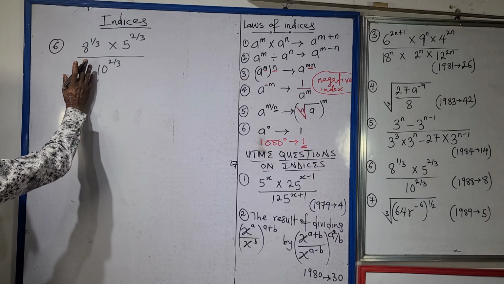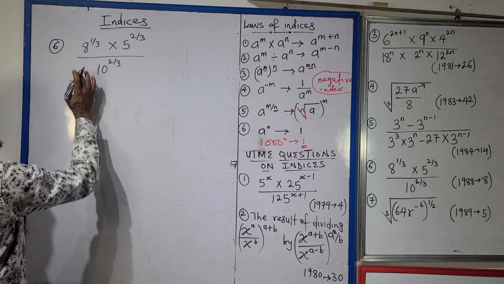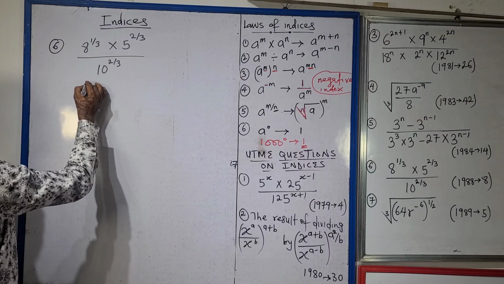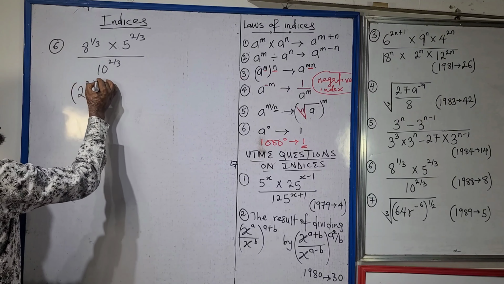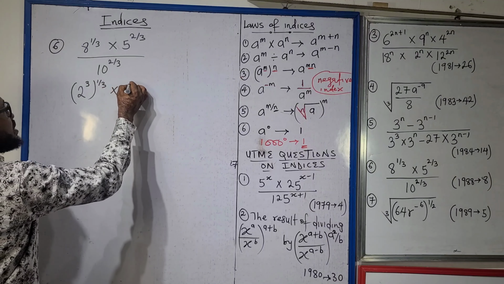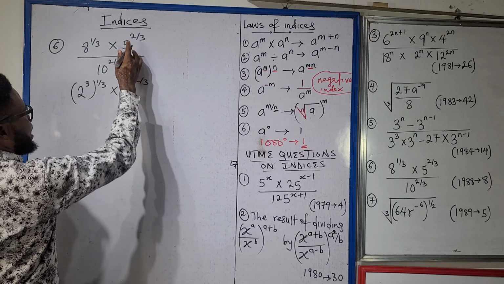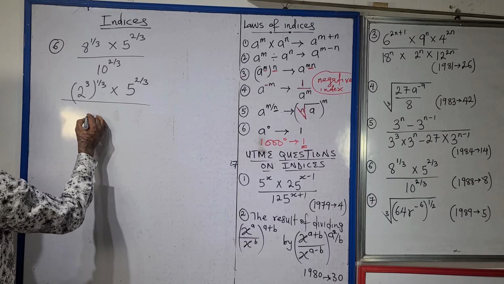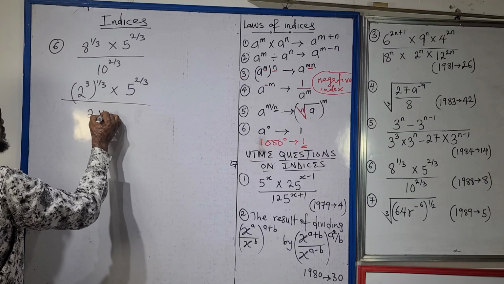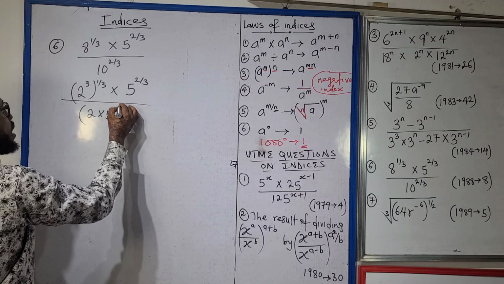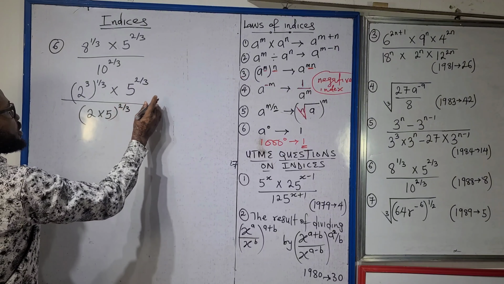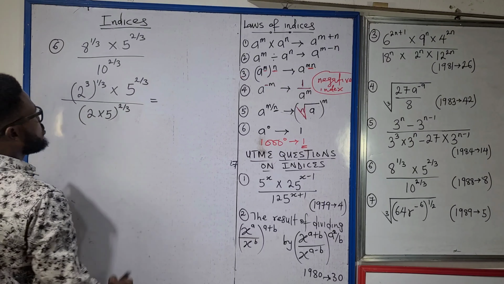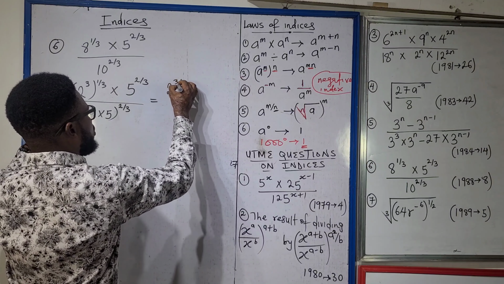So will you just try to break this down? Of course, 8 here means 2 raised to power 3, or raised to power 1 over 3 times 5 raised to power 2 over 3, as I cannot break down 5 further. Then 10 means 2 times 5, all raised to power 2 over 3. And this is what we're going to have, 2 raised to power 3 over 3.